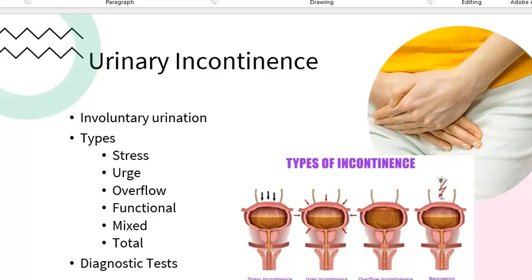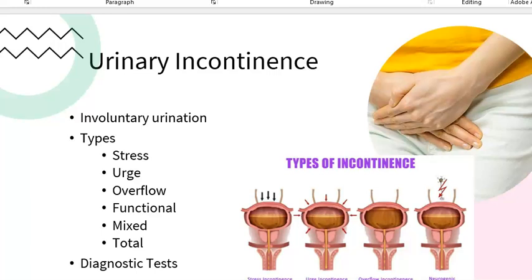Maybe when you cough, maybe you don't even have to be doing anything, you just have your incontinence, just sitting in a chair. It does affect at least 17 million people in the United States, 30% of older women. It occurs in 50% of older persons living in long-term care.